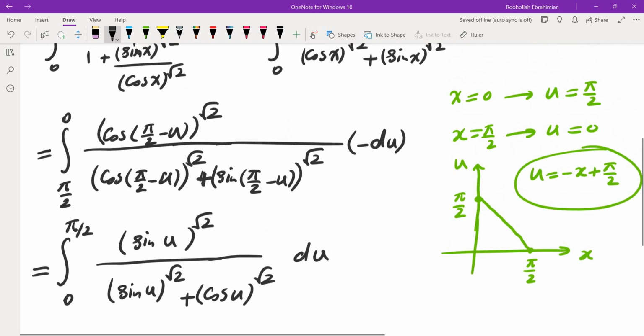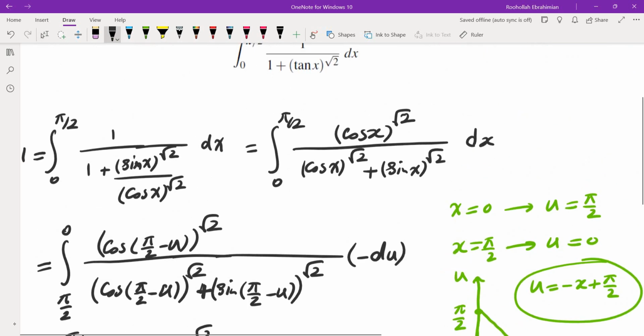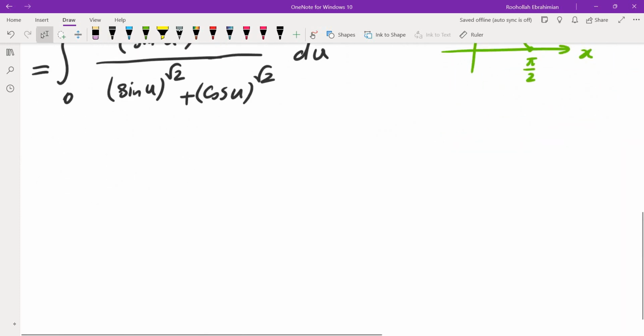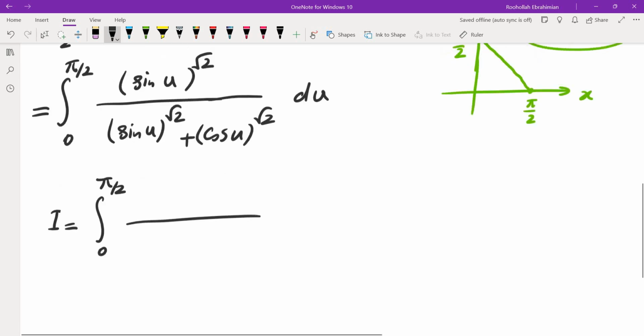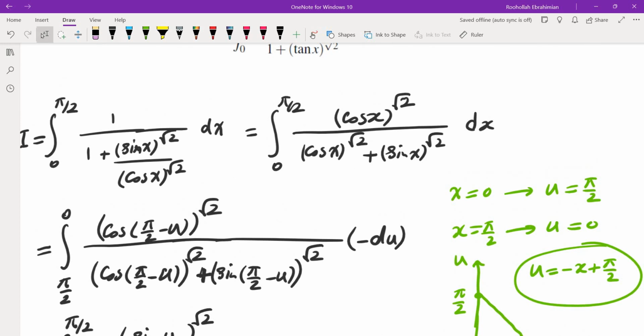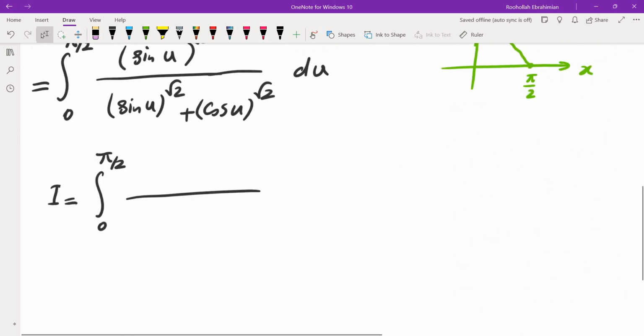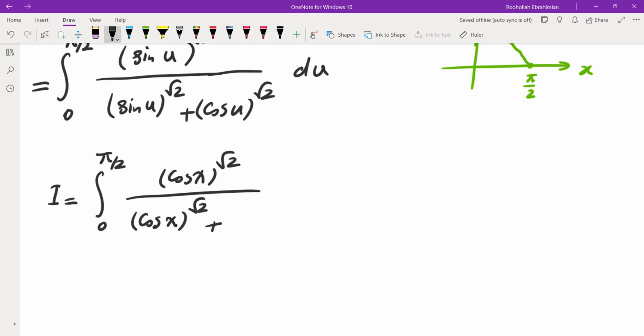Now, if I call the initial integral I, this is what I got. The initial step gave us this integral from 0 to pi over 2. If you look at what we had at the beginning, the denominator was cosine to the root 2 plus sine to the root 2, and the numerator was cosine. So it was cosine of x to the power of root 2 over cosine of x to the power of root 2 plus sine of x to the power of root 2 dx.